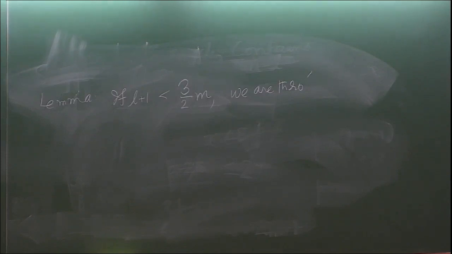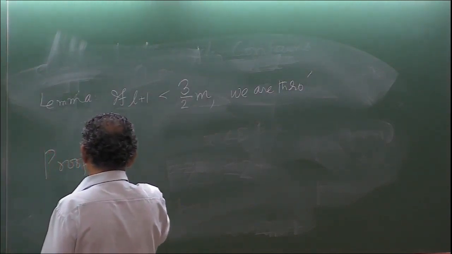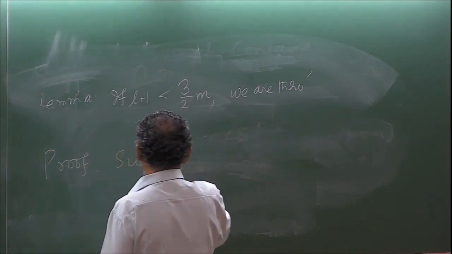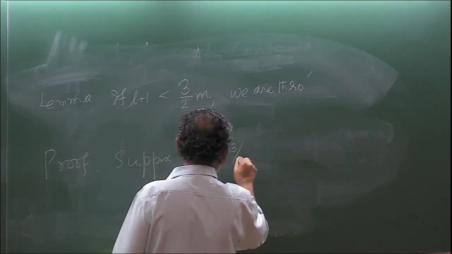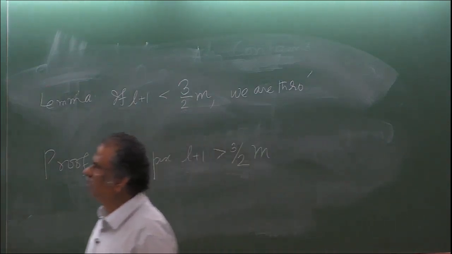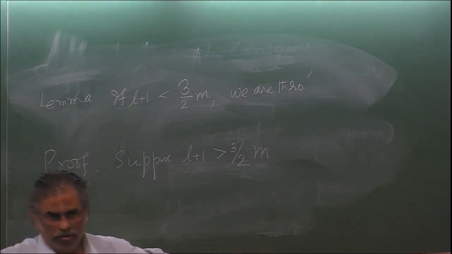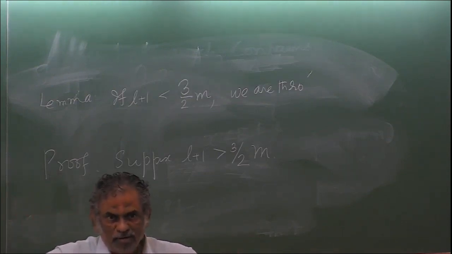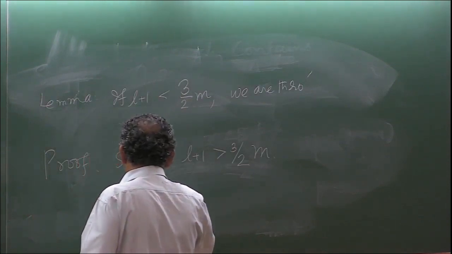Proof. Suppose L plus 1 is bigger than 3 by 2m. Then this statement says that minus m to m is A-free. Since minus m to m is A-free, that already means that your mu is bigger than or equal to m.